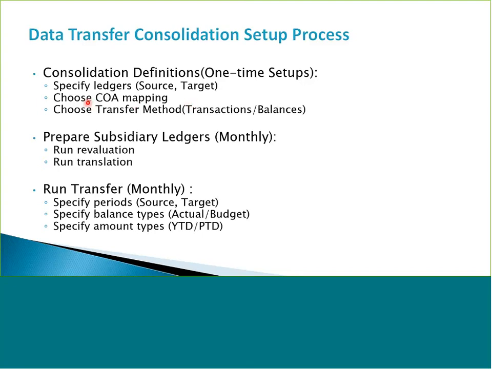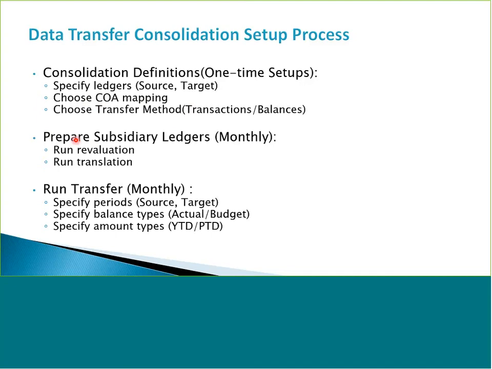We are going to see what these transfer methods are, and we are going to explain how each works. So the monthly or periodic group of tasks are these listed down here.